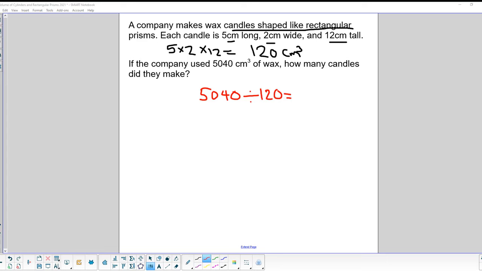Unfortunately, my calculator will not show up on my screen when I'm doing the sound recording. So you're going to get the number though, and so that would be 42 candles. And hopefully you can sell those candles for quite a bit, because that's not a lot of candles, is it? So 42 candles.